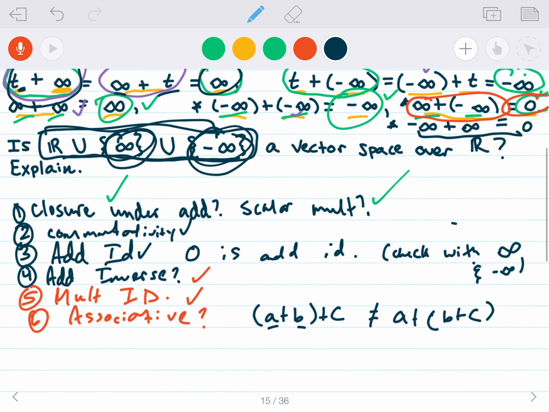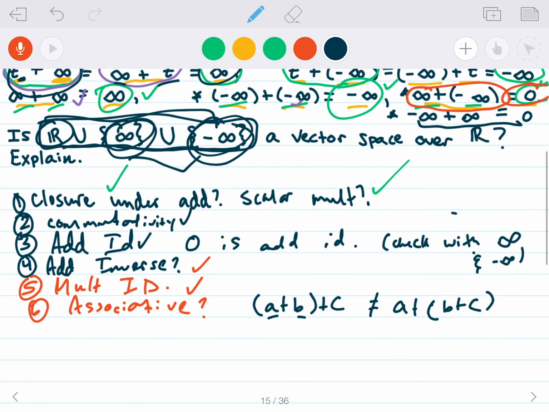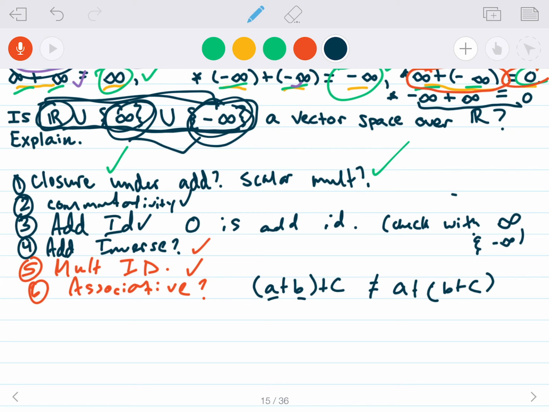Now, our space is going to be all the real numbers with two additional objects. We know that the real numbers definitely satisfy associativity, but the two additional objects are not going to, because if we let A equal infinity, B equal infinity, and C equal negative infinity, let's see what we get. Is (A plus B) plus C equal to A plus (B plus C)? Well, no, right?